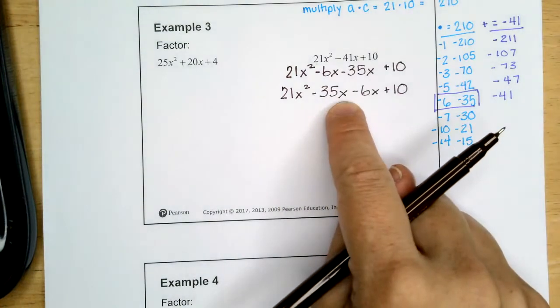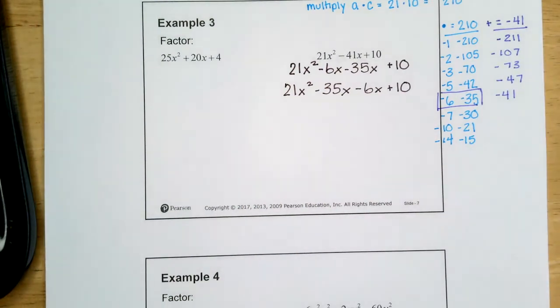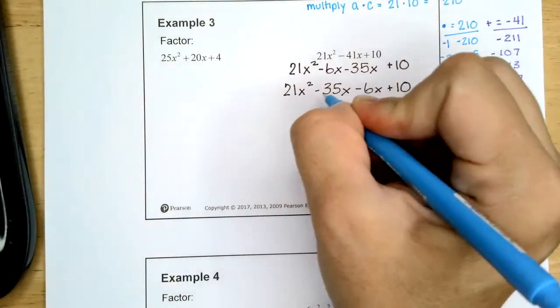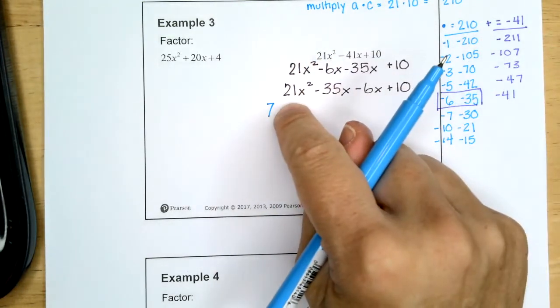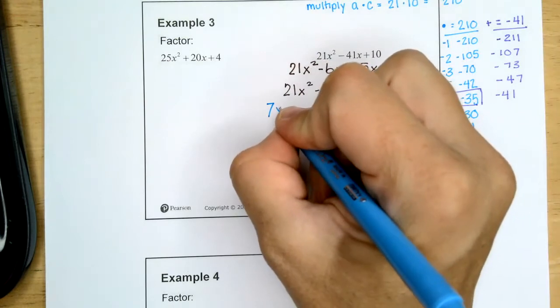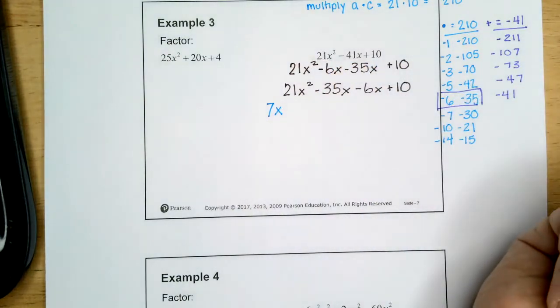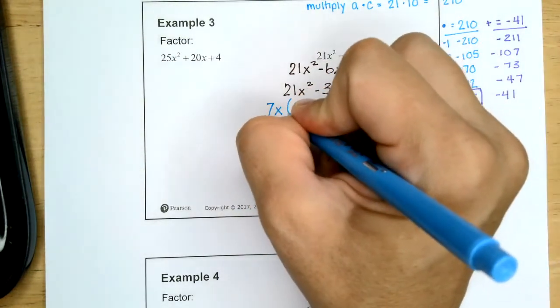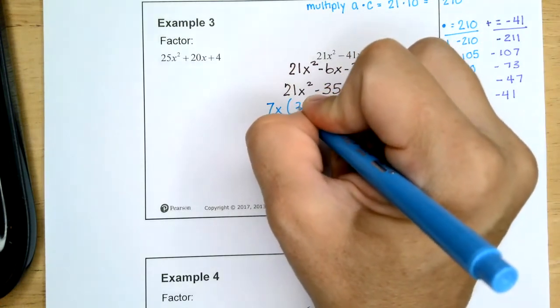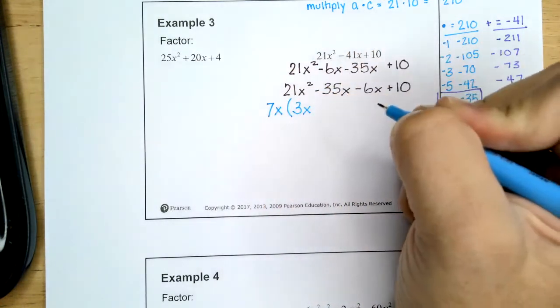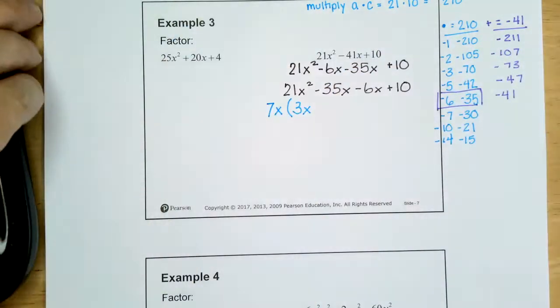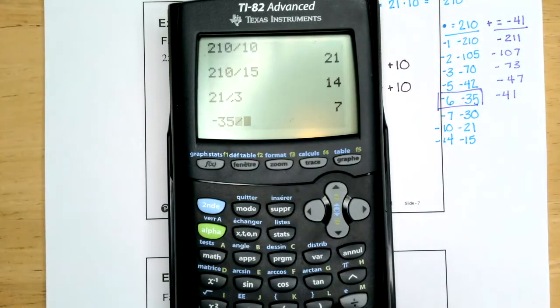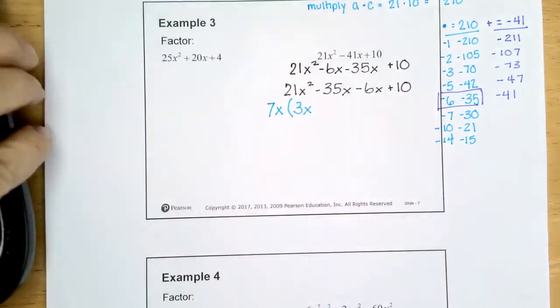Their common factor is 7x, right? So I'm going to take out the 7x from just those two. Here, we're left with 3x. And then what would I multiply 7x by to get negative 35? Negative 35 divided by 7 is negative 5.